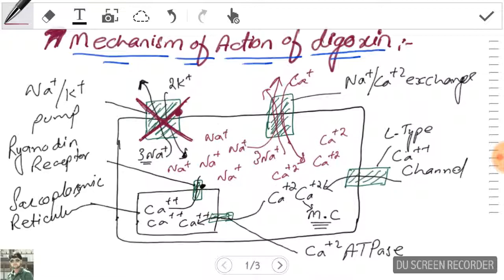So here we can see that digoxin acts on the sodium potassium pump. It inhibits the function of the sodium potassium pump.